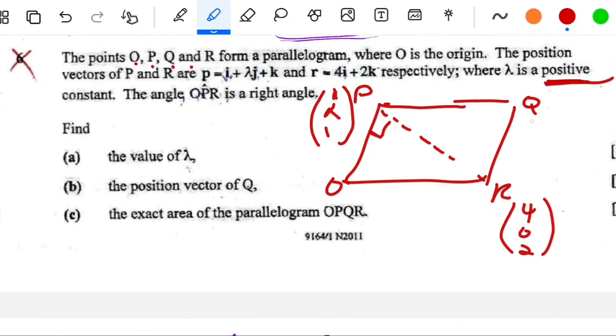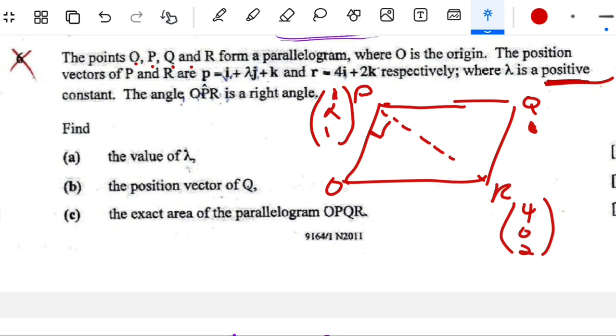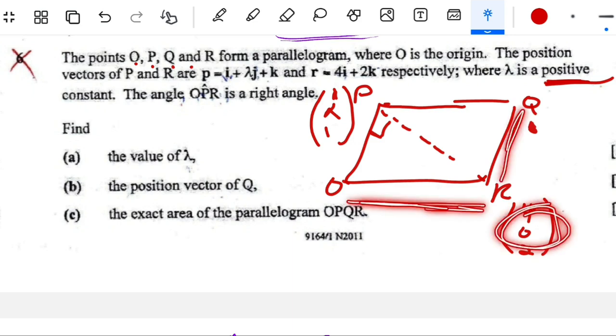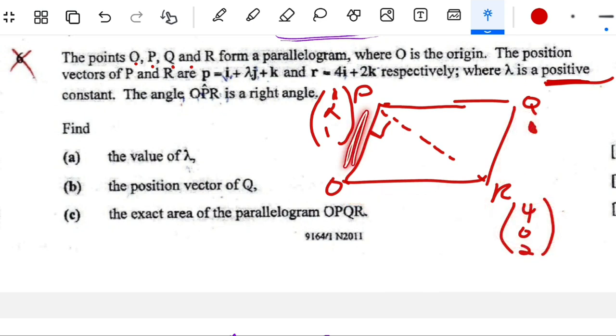We say find the position vector of Q. Okay, so how can we find the position vector of Q? We have this direction here. We can take this one, then this one OR, and we know this one here is the same as this one.